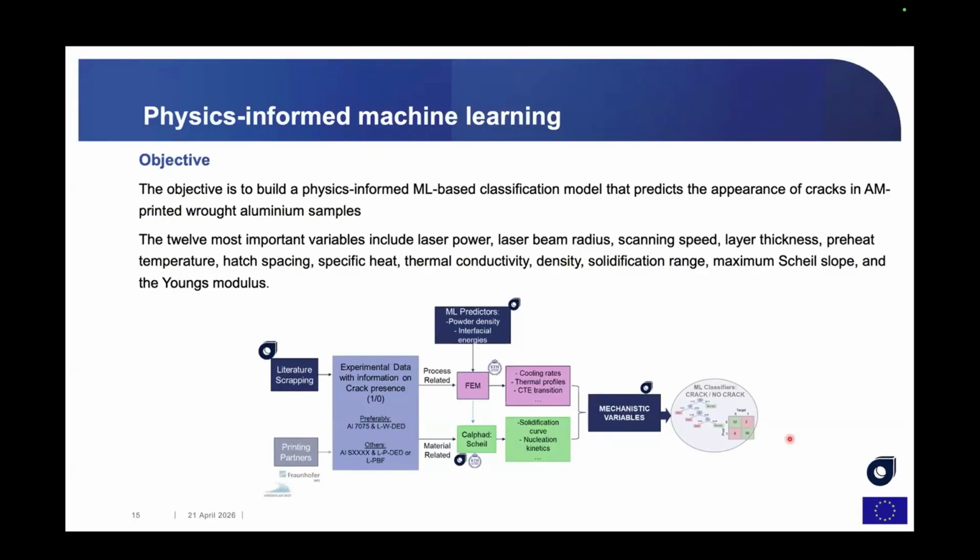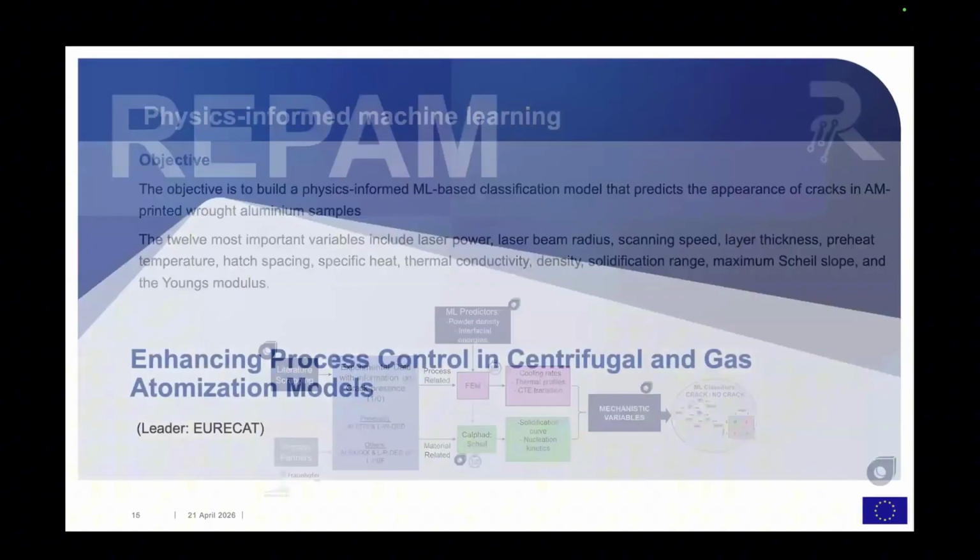It again uses CALPHAD-based approaches and the experimental data that is available. To cover a higher range of experiments, you can use CFD or physics-based modeling to inform these machine learning models.